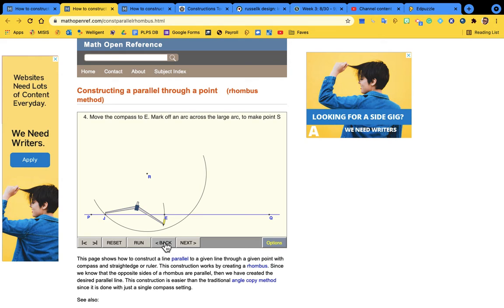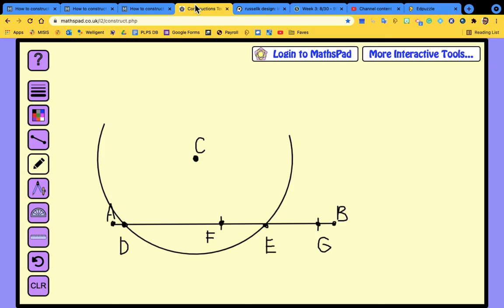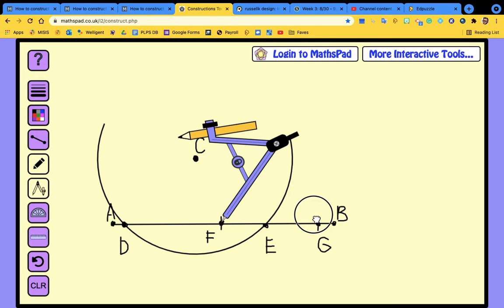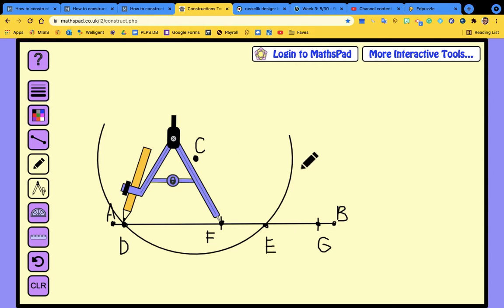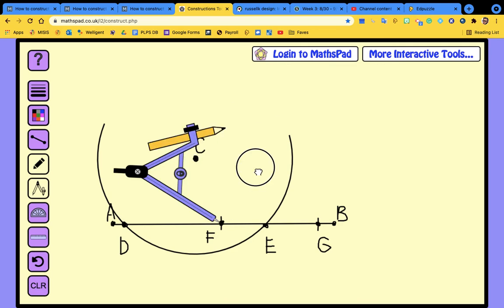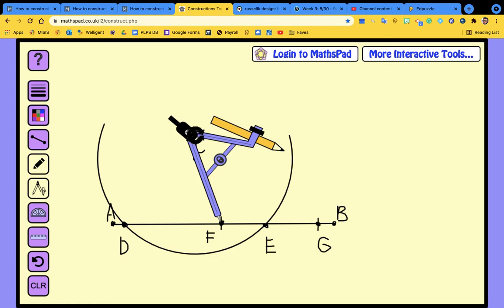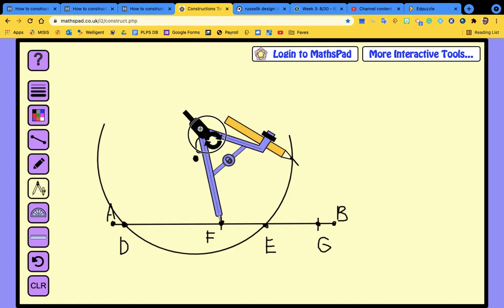So we got here, and let me see here. So I made a mistake. The arc doesn't go here. It goes here. So I'm going to draw it right there. There we go.